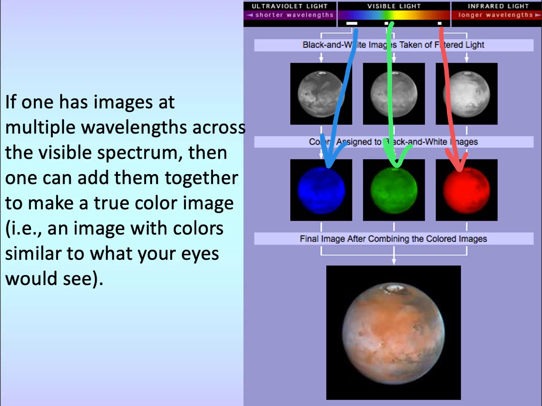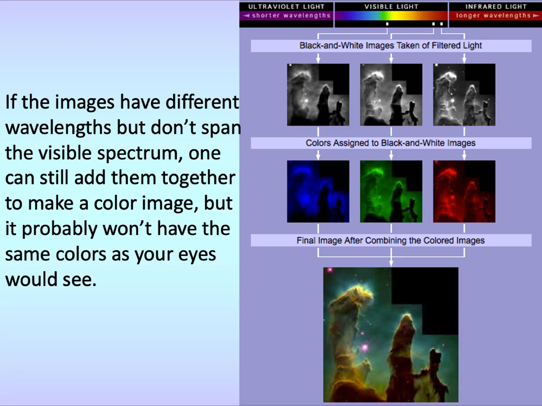This image of Mars is what we call a true color image, meaning that this picture of Mars looks as Mars would actually look if you went there. But that isn't the case in this image. 2 pictures were taken in the red part of the spectrum, but one was colored red and the other green.